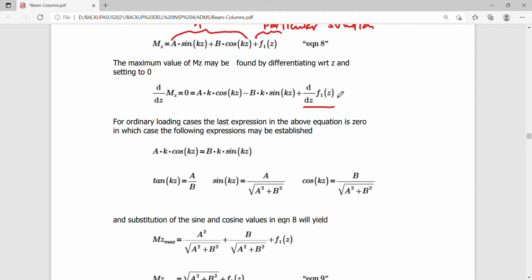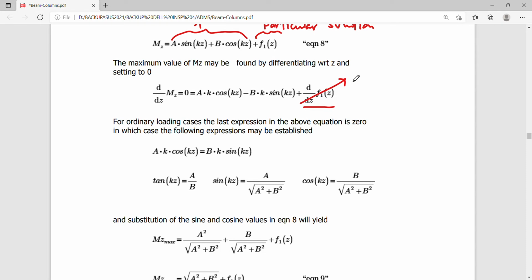because in common situations, the solution for this particular expression is made up of a polynomial of a lower degree, such that if we differentiate it, okay, the first derivative will simply be equal to 0.